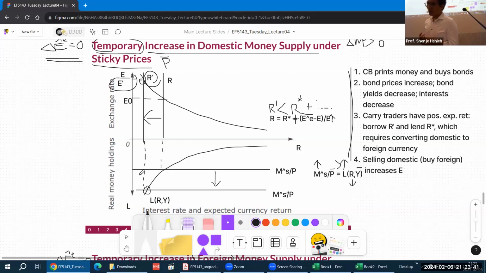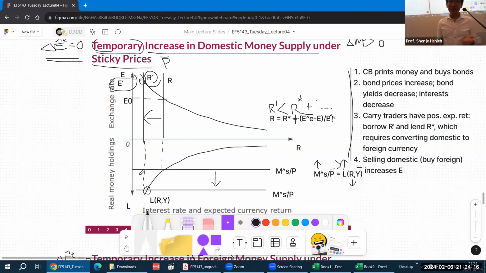With lower interest rates or lower returns on bonds, there's going to be a reaction from the financial markets. I mean, the FX markets. Carry traders will notice that with lower interest rates, the difference between domestic and foreign interest rates is larger; there's a gap, in expectations, on average, and they want to exploit those positive expected returns by borrowing at lower interest rates and lending out at higher interest rates.